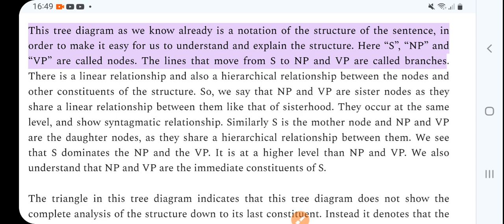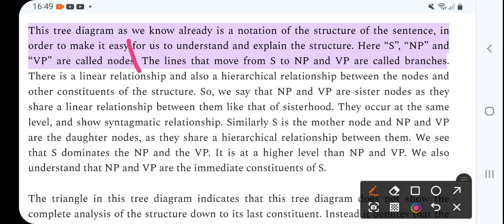Here S, NP and VP are called nodes. In a tree we have seen that the point from where branches split, where branches sprout, is called a node. Similarly here S, NP and VP are called nodes, okay.